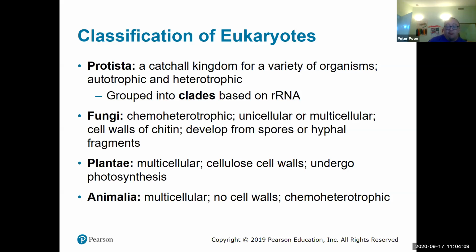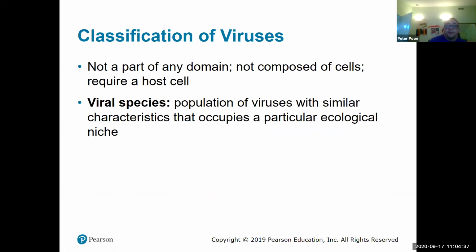Honestly, there should be something about 7, 8 kingdoms of Protista, if I recall, and the number might even be bigger than that based on what we understand. But yeah, so make sure you know what a protist is, what a fungus is, what a plantae is, and what an animal is. Those have exact definitions. You should know them. Again, viruses are even more impossible to classify because they only survive inside other cells, and therefore they really don't classify very well.